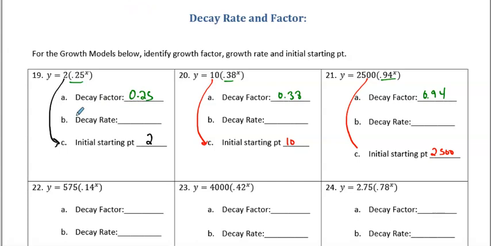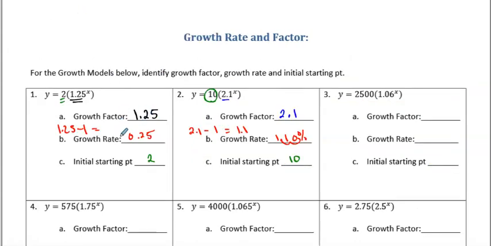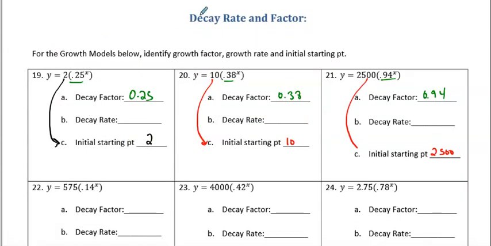But the decay rate is now what? Okay, so this one's a little tricky. For the growth rate, I took my growth factor, subtracted 1, and got 0.25. That was my growth rate. So now here's my decay rate, okay?